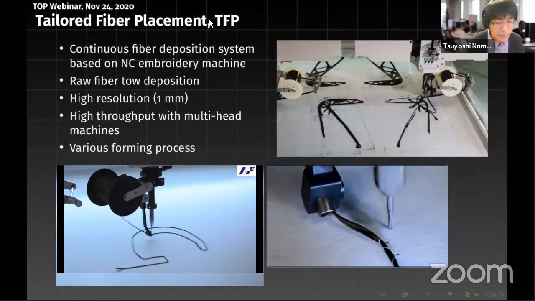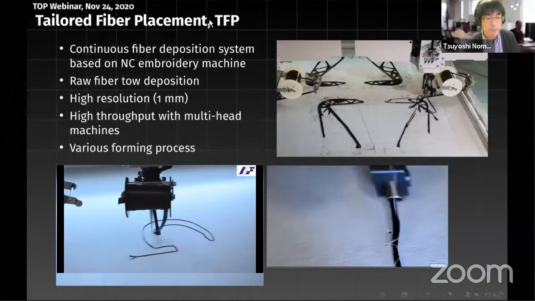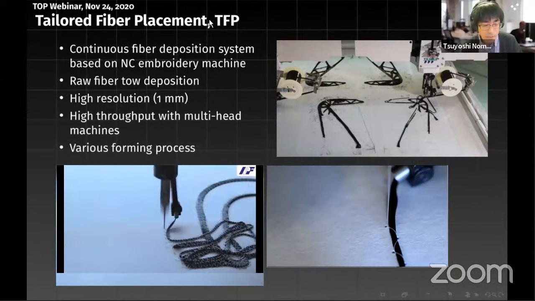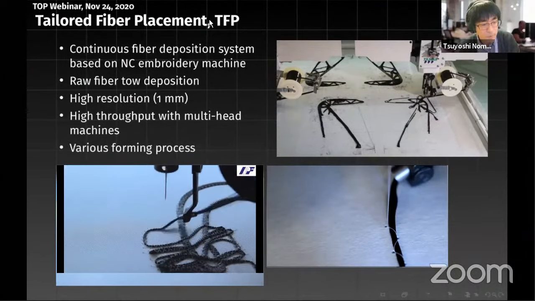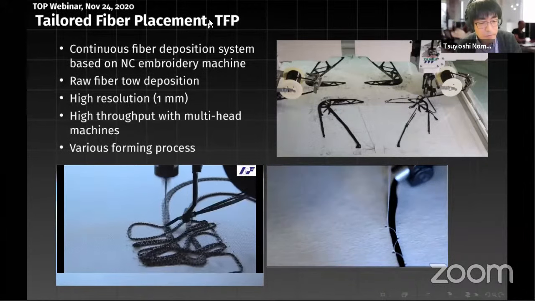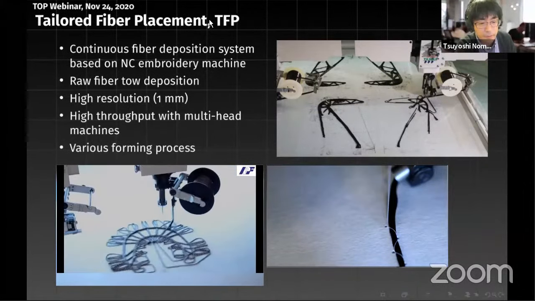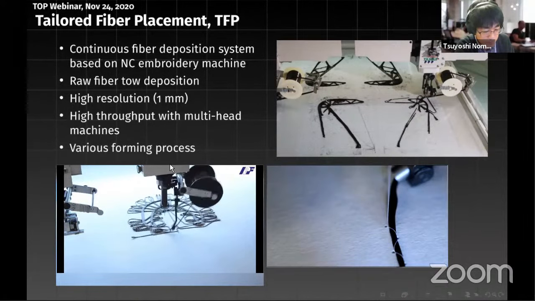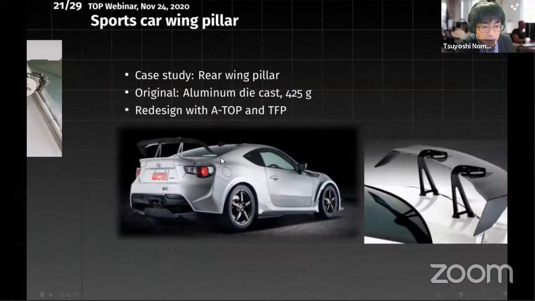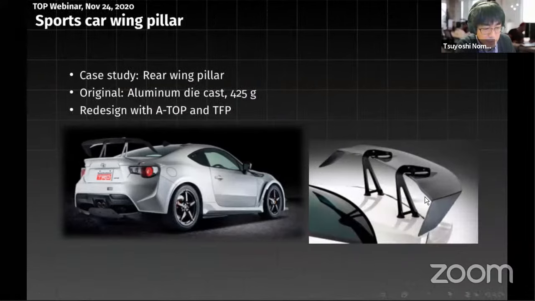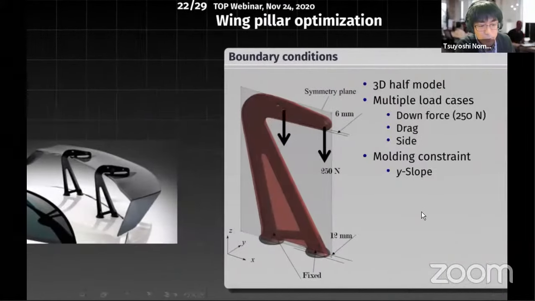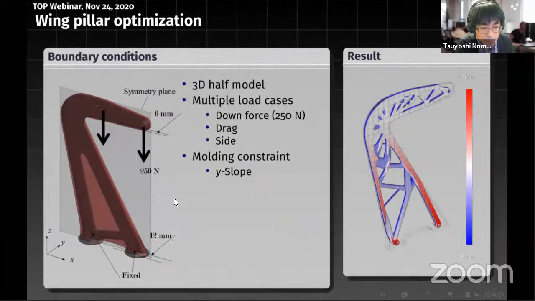Finally, I want to show some practical examples. I designed some automotive parts using this method, and I tried fabrication using a tailored fiber placement technology that uses a numerically controlled embroidery machine like this. The problem is a sports car rear wing pillar structure. This is the boundary condition, and this is the topology result.